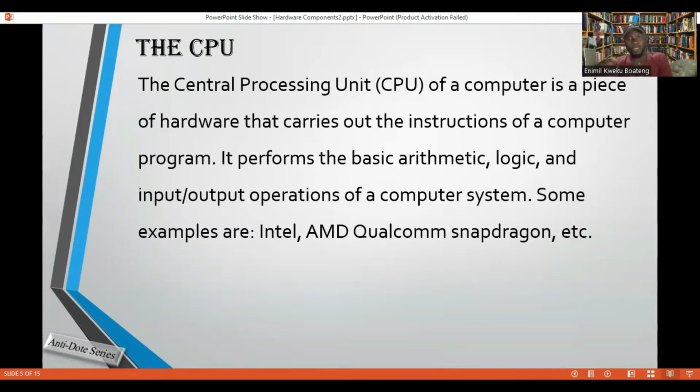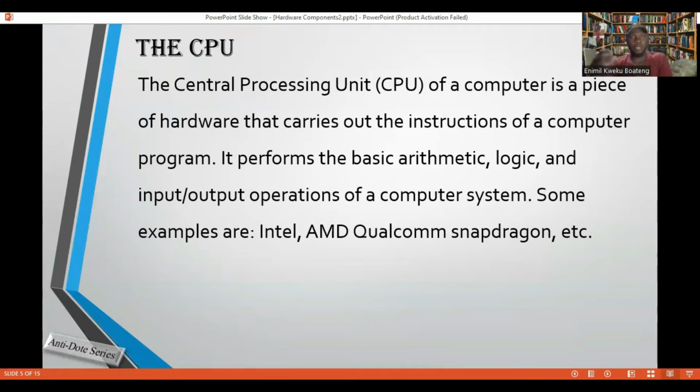And for the central processing unit, we have examples. We have Intel. But when you say Intel, you mentioned everything, so it is always better or more appropriate to break them down. So we have Intel Celeron, Intel Pentium, Intel Silver, and I think there's Intel Gold as well. Then you come to AMD. We have AMD Athlon. Then Qualcomm Snapdragon, and then Samsung Exynos.